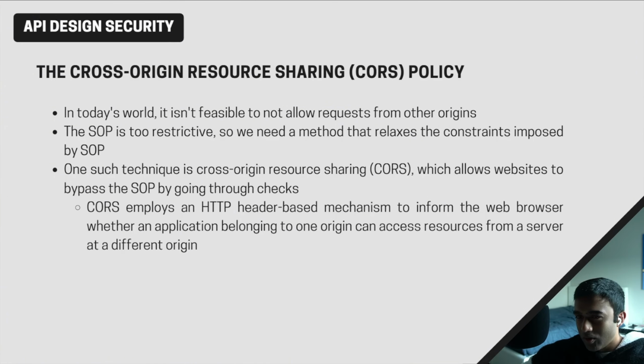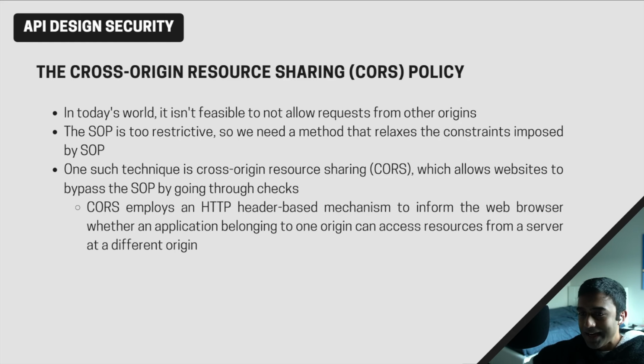So let's talk about cross-origin resource sharing, otherwise known as the CORS policy. In today's world, it isn't feasible to not allow requests from other origins. The SOP is too restrictive, so we need a method that relaxes the constraints imposed by the same origin policy. One such technique is cross-origin resource sharing, otherwise known as CORS, which allows websites to bypass the same origin policy by going through checks.